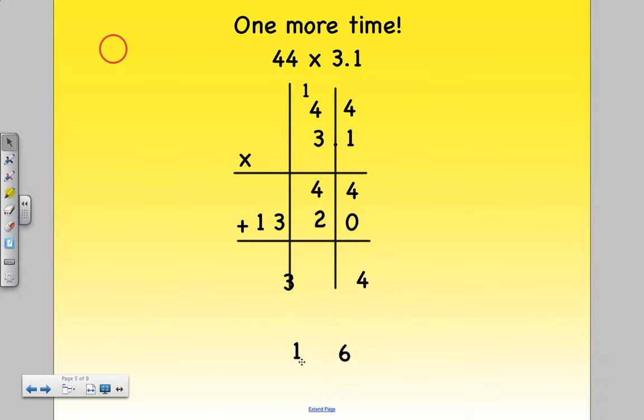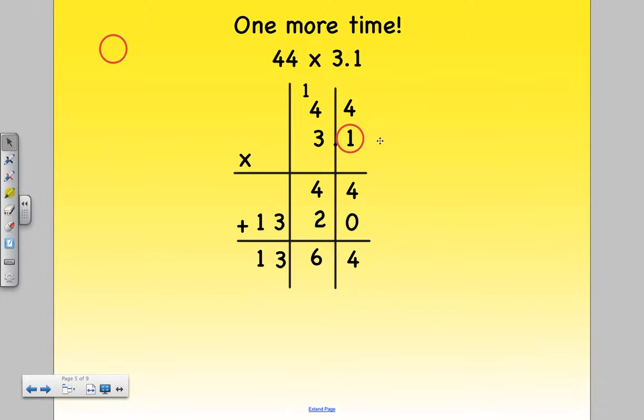So, let me just fix my answer here. 1, 3, 6, 4. Remember, we're not finished because we have a decimal point. We need to count how many decimal places our problem has in order to put our decimal in our final answer. So, in my problem, 44, there are no numbers behind my decimal point. I don't need to count anything. 3.1, there is one number behind my decimal point.